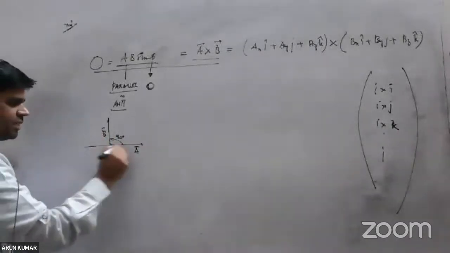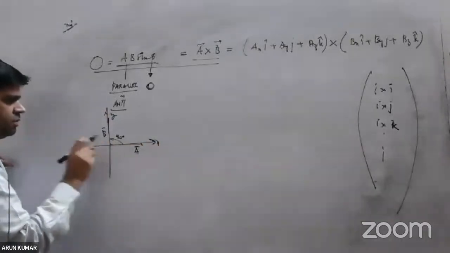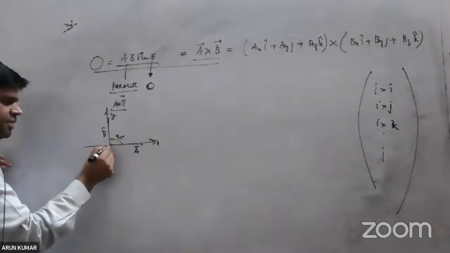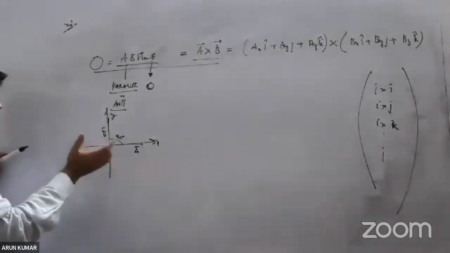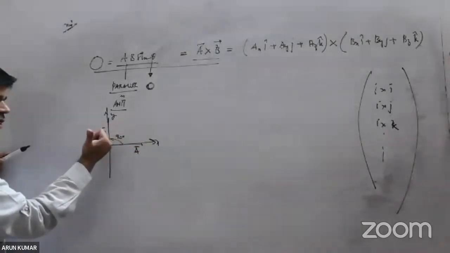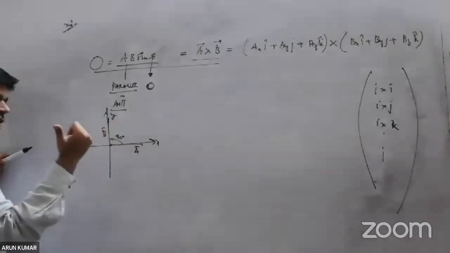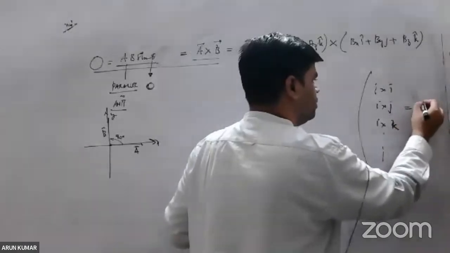If this is the x-axis and this is the y-axis, this gives me the z-axis. Always remember, we get the z-axis using the right-hand thumb rule. The z-axis is not inward; the z-axis is outward. A cross B is outward. i cap cross j cap, k cap is outward. So i cap cross j cap will be nothing but k cap.